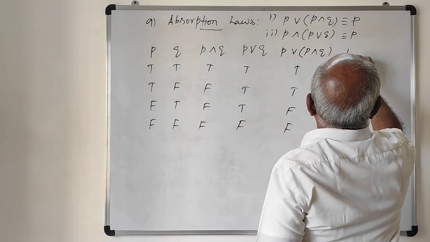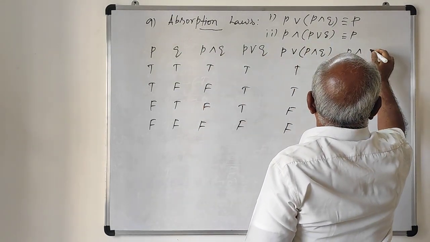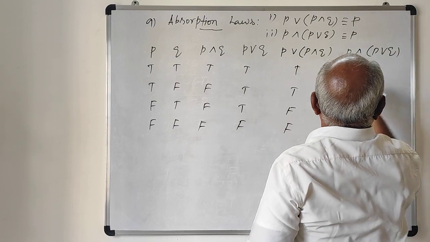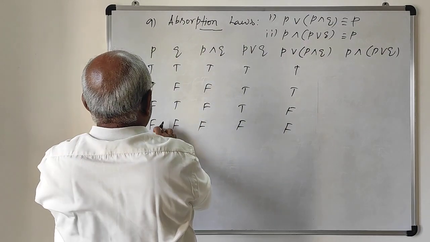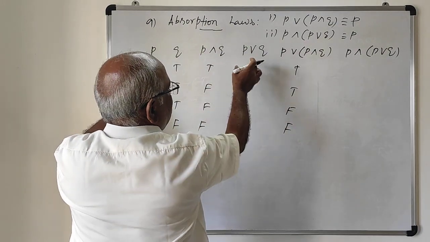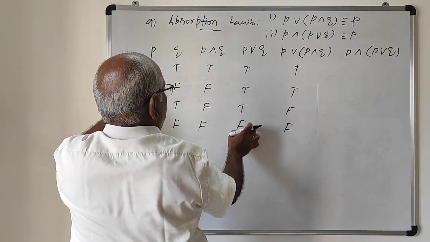Next, P conjunction, P disjunction Q. For conjunction, first and fourth column.